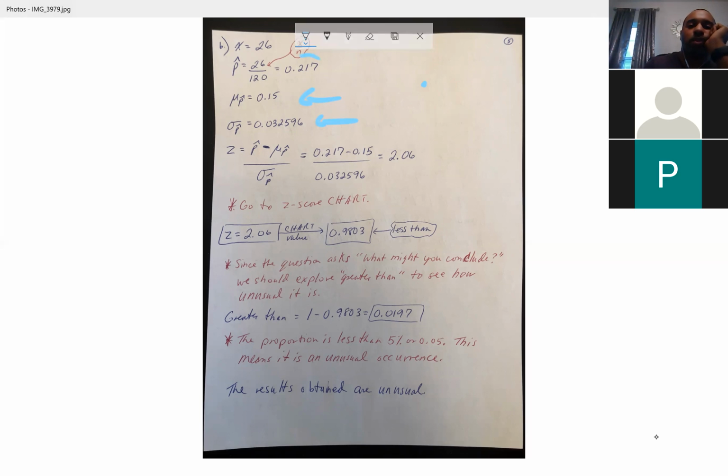The only thing that changed was this 0.217 in the problem. Where did the 0.15 come in? From the beginning of the problem, when they said that 15% of Americans experience hearing loss. So it's the same number.